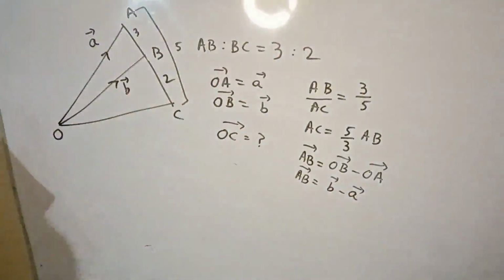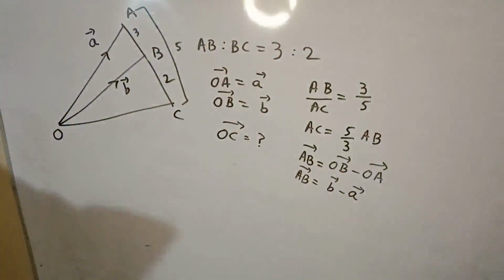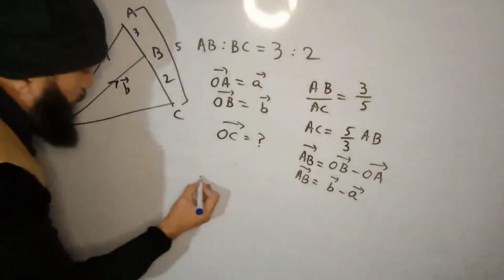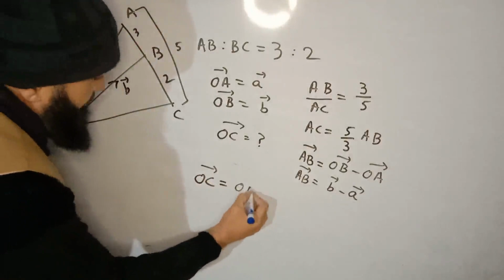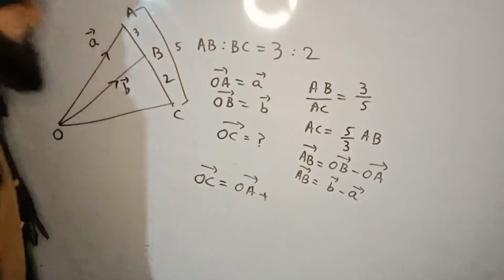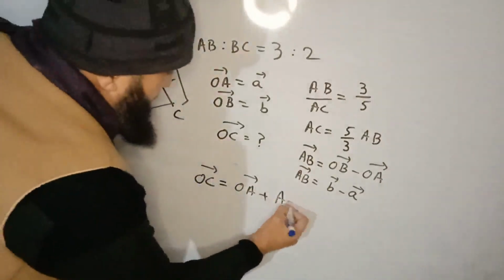Now what is OC? OC is equal to OA plus AC.